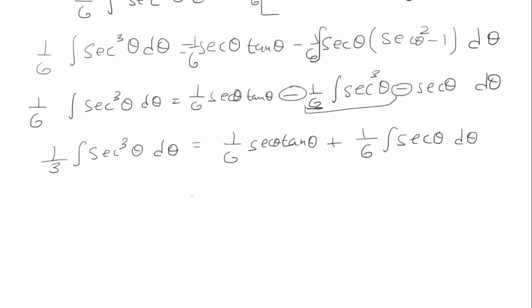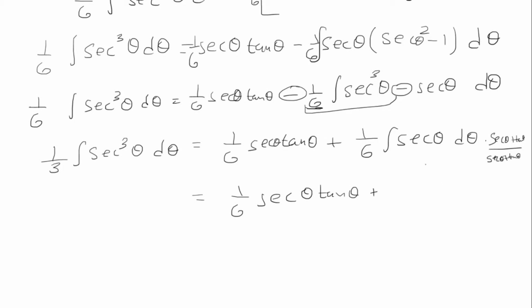So I'm only going to work on the right. We want to integrate secant theta. This one, if you don't have memorized, the way to derive it is to multiply top and bottom by secant plus tangent, and then do a u substitution. So the u substitution will be the secant plus tangent.